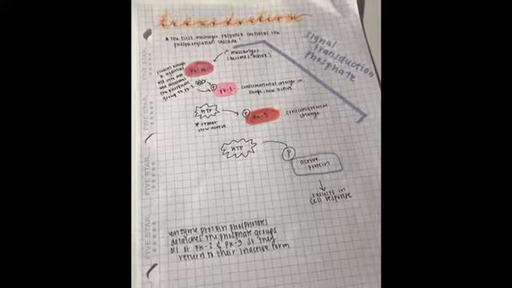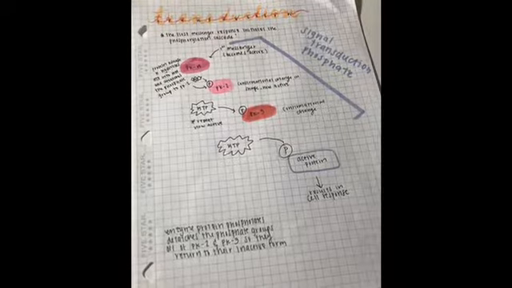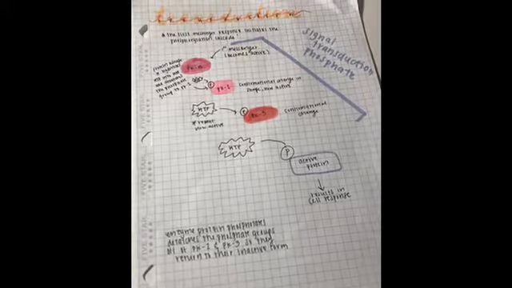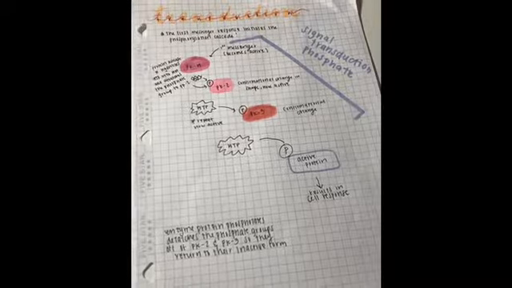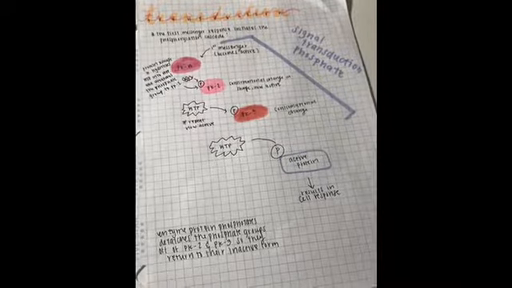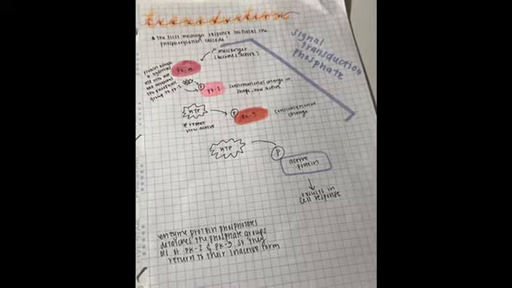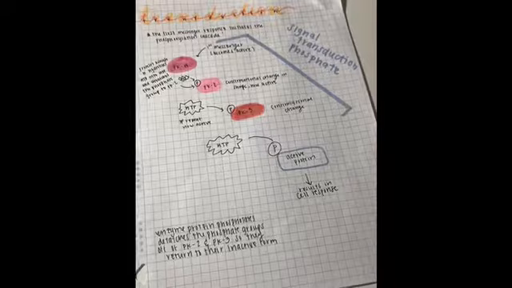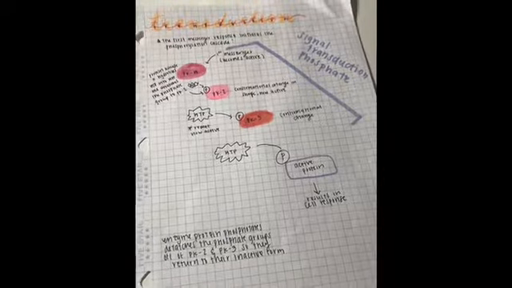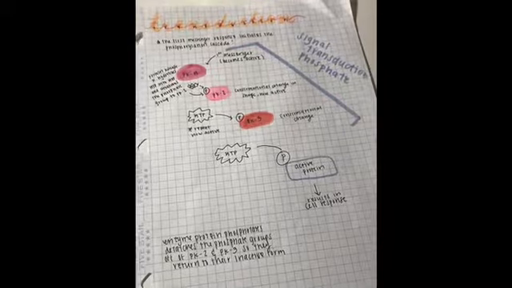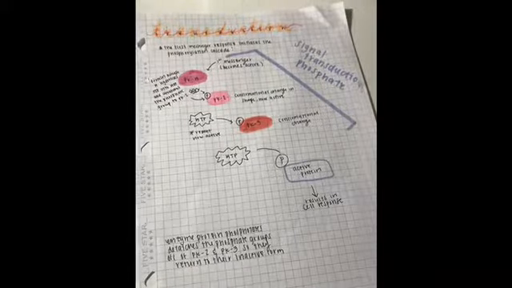Okay, since we're done with that, we're going to move on to the transduction pathway, which is step number 2 in cell communication. So as we talked about in the G protein link receptor, the first messenger was to create cyclic AMP. This is just an example. And transduction is the same in all 3 protein receptors.